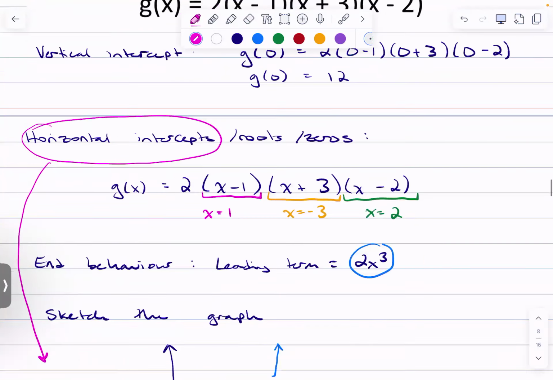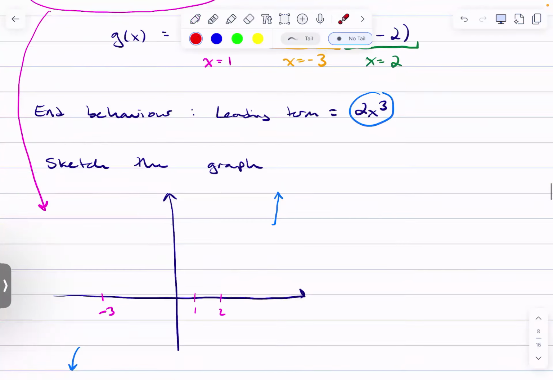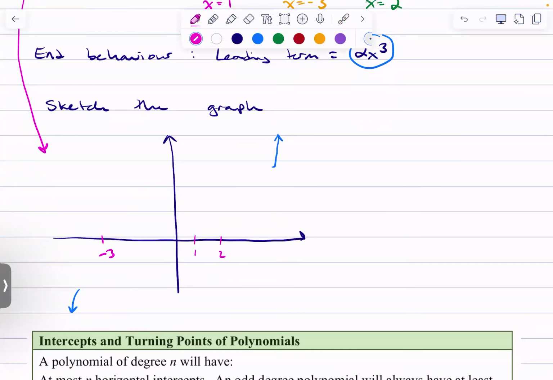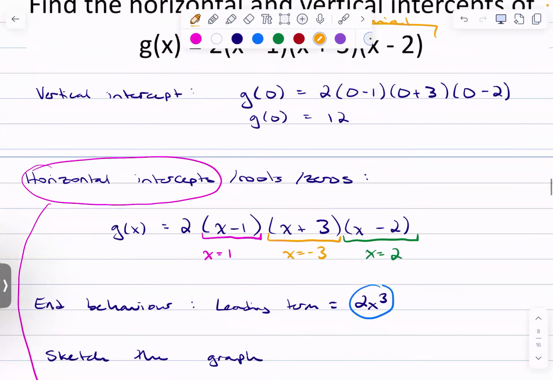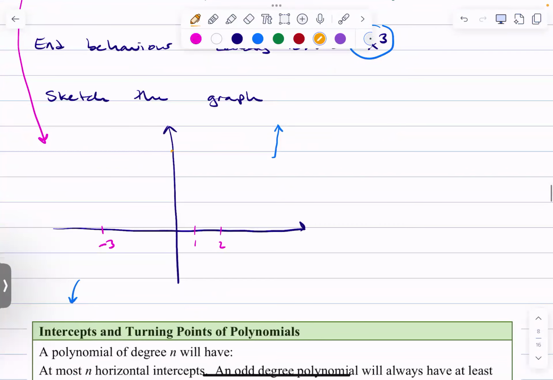We also know that it has a vertical intercept, so when x is 0, y is 12, which puts me, I don't know, somewhere way up here. Let's say here, I'm at 12. Okay. There's a couple of different ways that I could have these things cross, right?